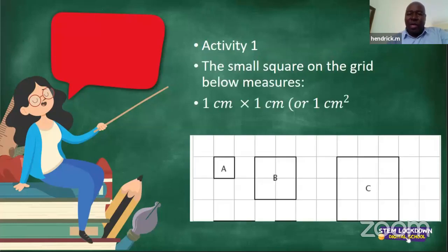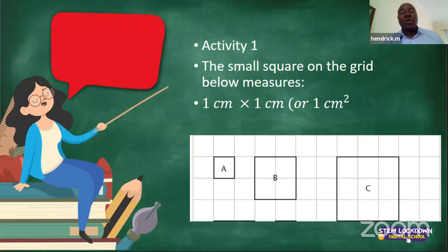Now, without any waste of time, I'm just going to zoom directly into our first activity. As you can see, we have a small square known as A. We've got the other square there, which is B, and the last square there as C. If you look at the smallest square, you can see that we have got only one line. If you take your paper grid, and we are measuring in centimeters, that is 1 centimeter.